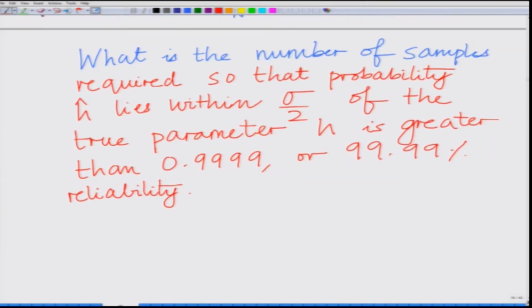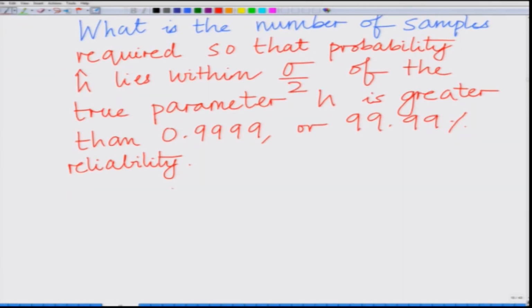So we are asking this question, what is the number of samples n?